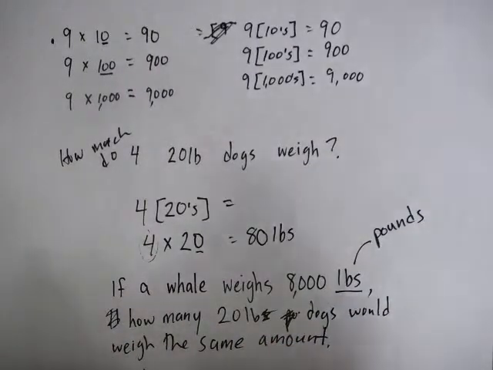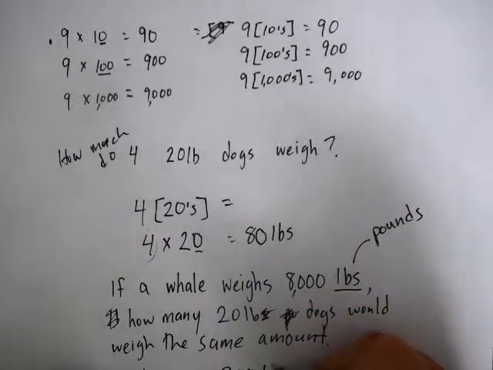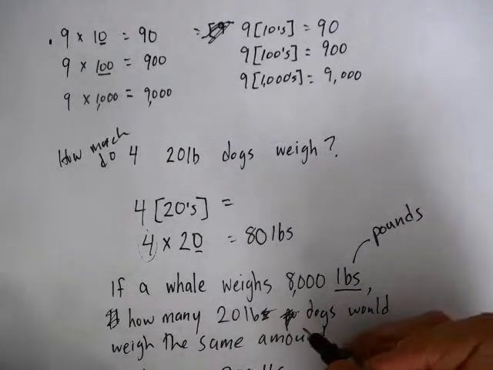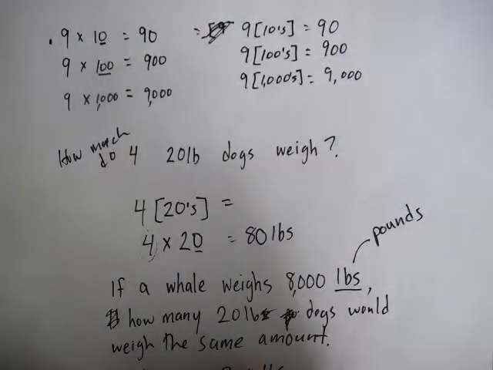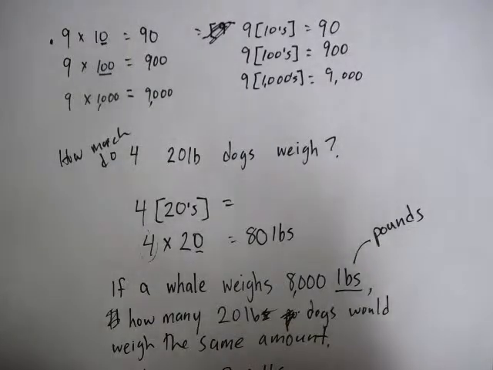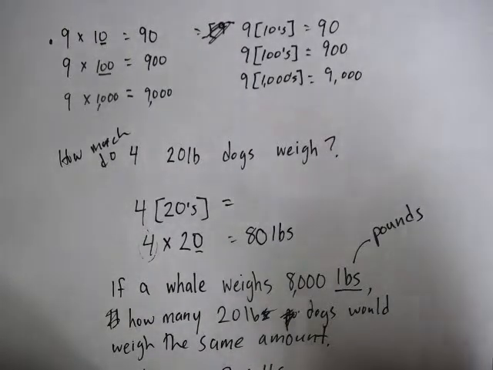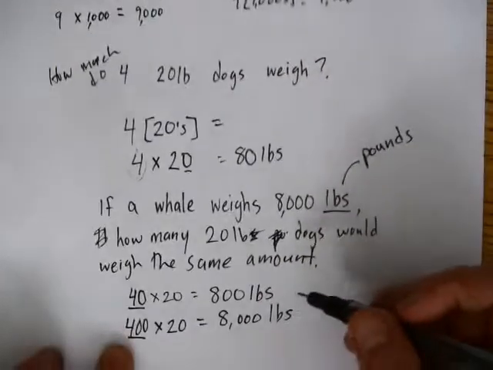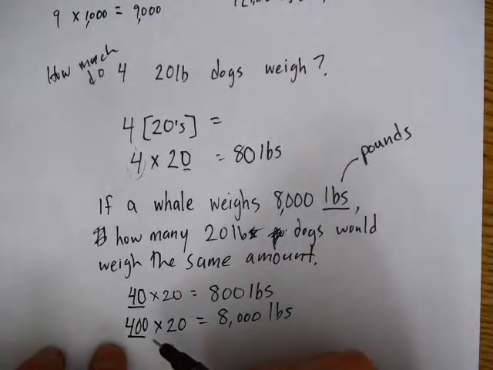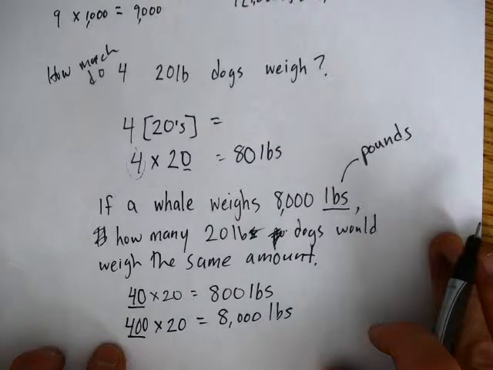If I add another 0 on there, that'd be 40 times 20. That would equal 800 pounds, because we're just adding 2 zeros on. So it can't be 40. Let's try 400. 400 20-pound dogs would equal 8,000 pounds. So I would need 400 of those little dogs to equal the same amount as one big whale.